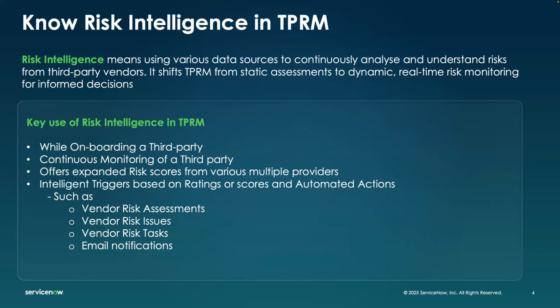Each third party risk score provider can offer multiple distinct risk scoring services. For example, it could be security, financial, or legal risks, where each service can independently utilize either a number-based score or a set of risk ratings.